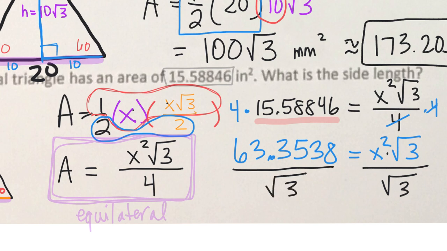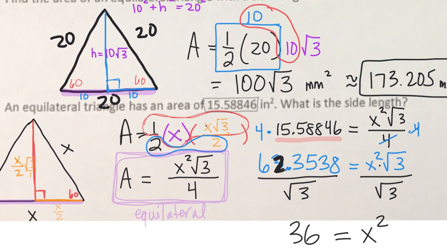Right? Root 3 is a number. It's not a number we encounter very often, but it is in fact a number. So when I take 62.3538 and divide that by the square root of 3, I get exactly 36.